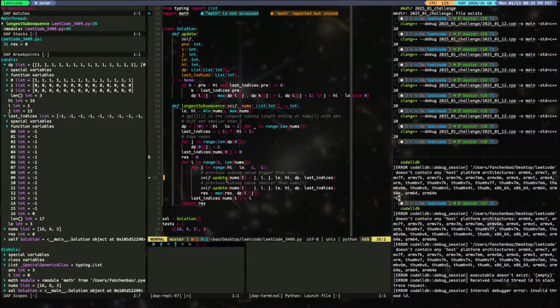Then self update. Nums I is 6. 6 plus 13 is 19, is no good. 6 minus 13 is also no good.